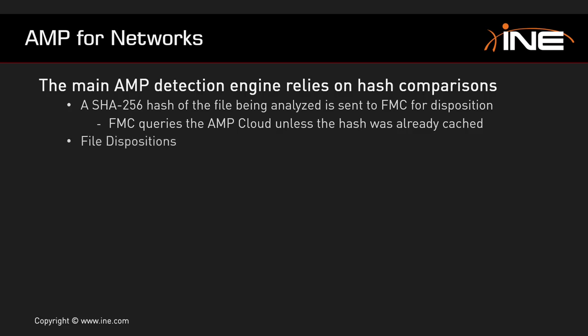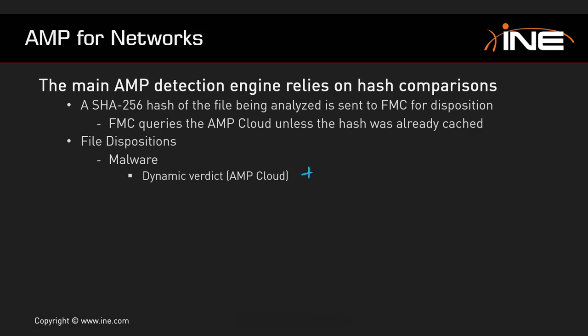And now in terms of those dispositions or just reputations of a file, the file can be classified as malware, and this verdict is going to be returned by our cloud, or it could also be returned by a local engine. There is going to be something more than just the cloud we will use when making AMP inspection, or at least something that we can potentially enable in addition to using the Cisco cloud.